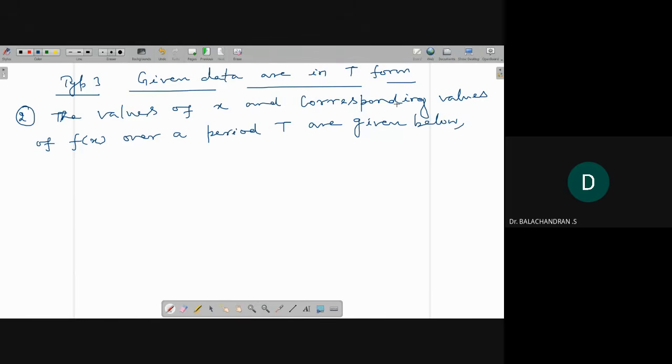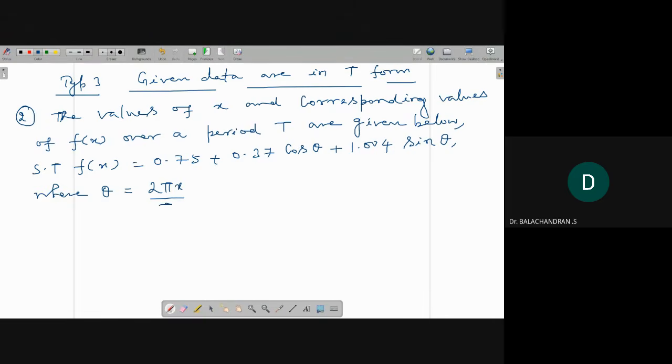Okay, show that f of x is equal to 0.75 plus 0.37 into cos theta plus 1.004 into sin theta, where theta equal to 2 pi x by capital T. Then x value, f of x value. This is also given in the question.